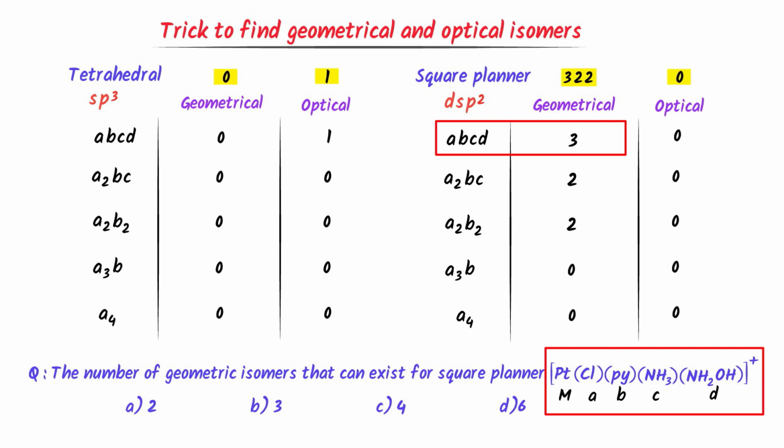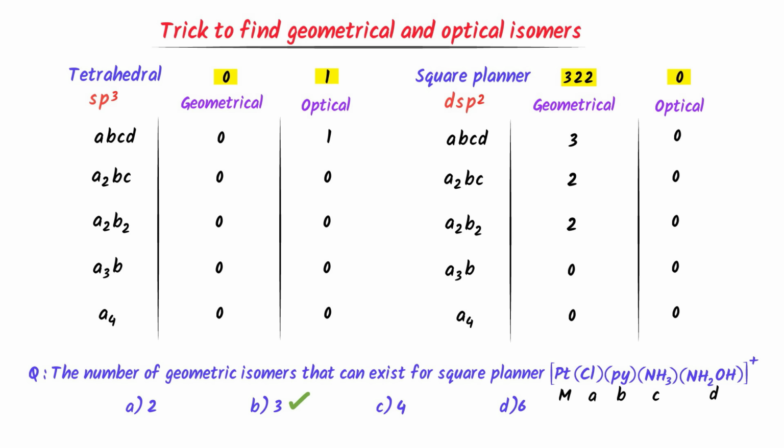So the geometrical isomers of this complex is 3. Thus the correct option is B. Therefore, using my personal trick, we can easily crack questions of geometrical isomers and optical isomers.